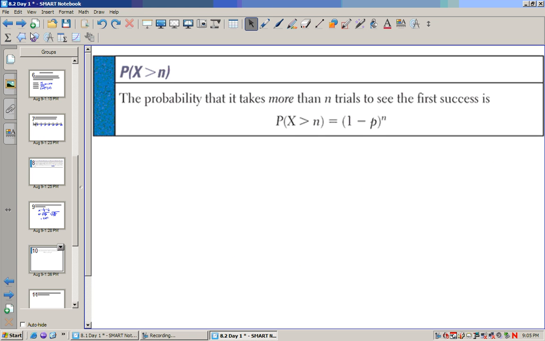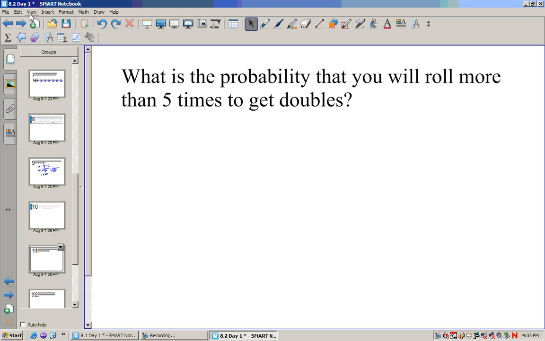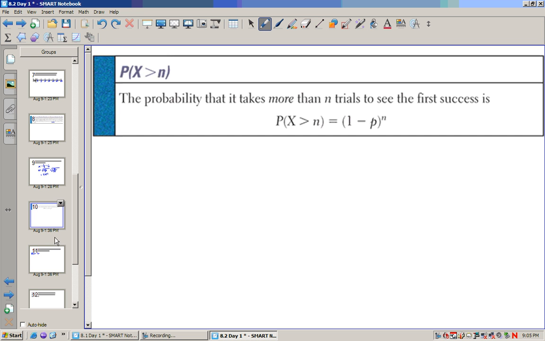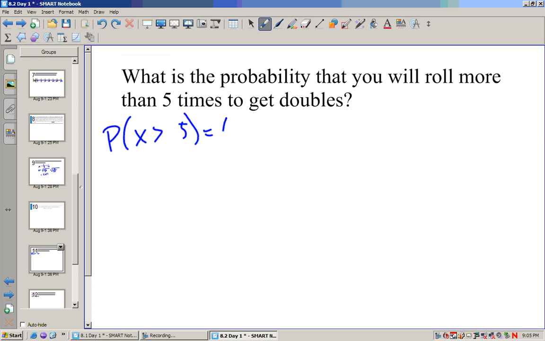Now we have a probability. The probability it takes more than a certain number of trials to find a first success is (1 minus p) to the n. Simple formula. It makes these problems really easy. What's the probability we'll roll more than 5 times to get doubles? Well, using our formula back here, you take 1 minus p, which is 1 minus 1/6, which is 5/6, to the 5th power.